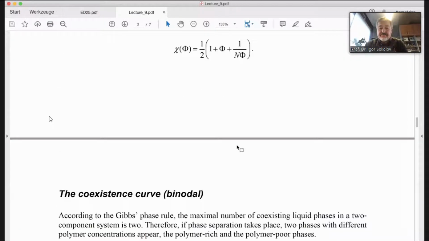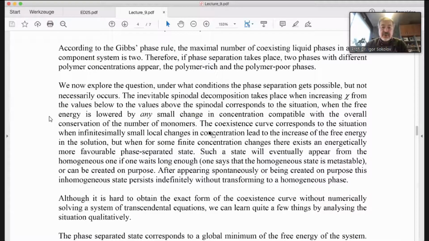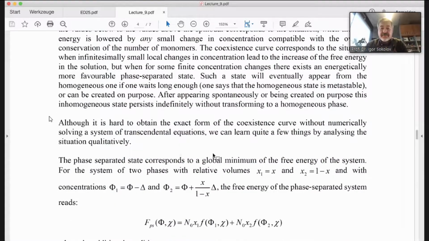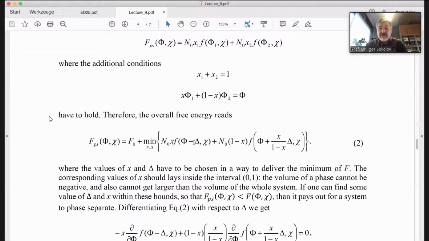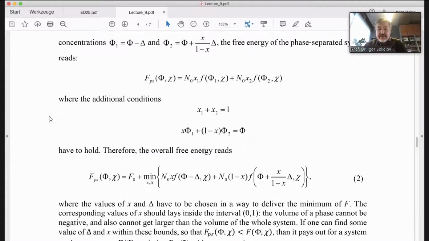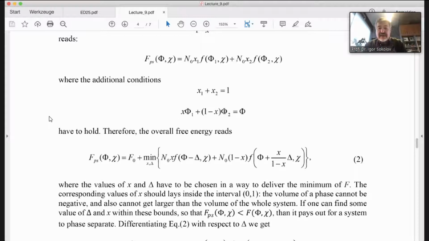So now I'm here, and I'm looking at the minimum of this function. I have now delta 1 and delta 2, which are connected by the relation which we discussed above. If you look here, you see that the phi's or the deltas, which are phi1 minus phi and phi2 minus phi, are connected to each other. Here I have phi1 and here I have phi2, which are connected with each other by this statement.